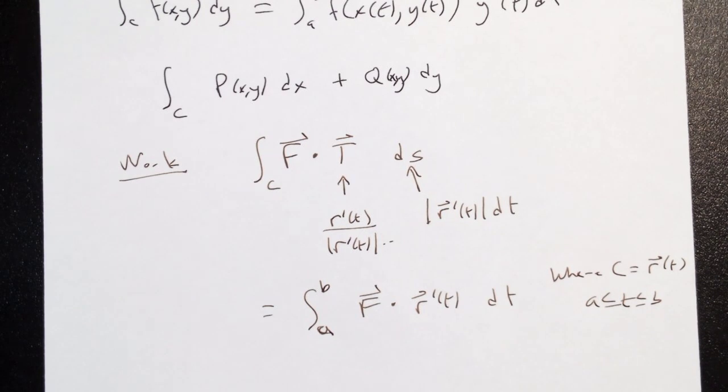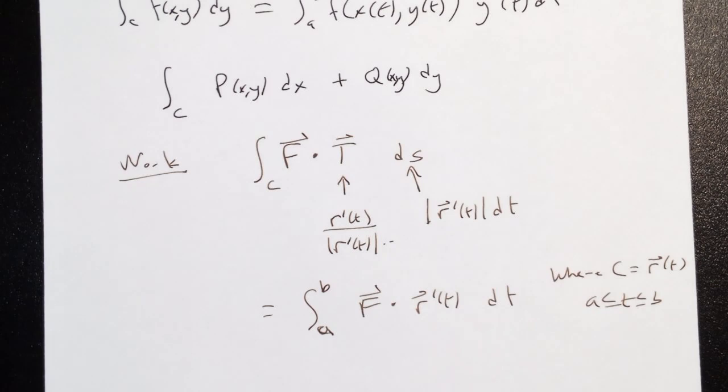What's F? F is a vector. It's a force. You know, like the vector fields we were doing on Thursday. If you have a curve going through a vector field, you can measure how much work is done as that vector field pushes stuff along.